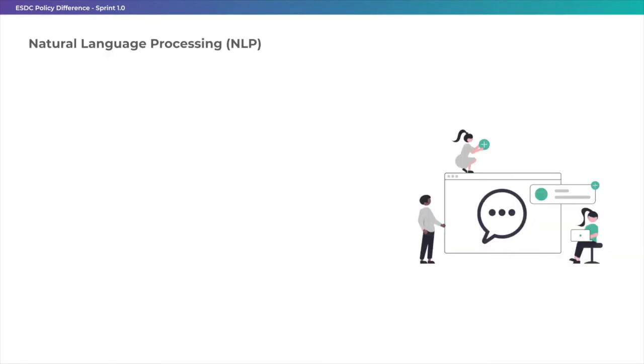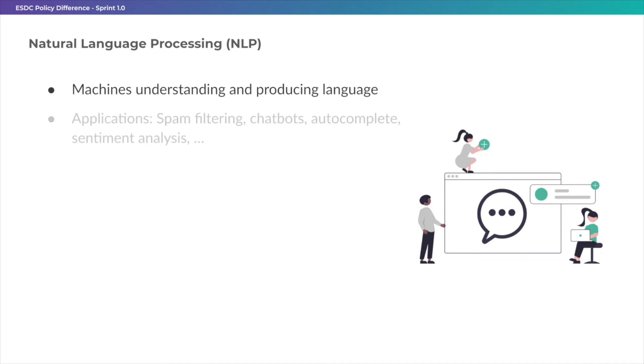First of all, natural language processing, or NLP, which is the field of building systems that can understand and produce human language. Some common applications include spam filters, chatbots, autocomplete, sentiment analysis on product reviews and Twitter, etc. The field has roots in the 60s, but it hasn't come to prominence until recently due to increased availability of data to work with and faster computer processing speeds.